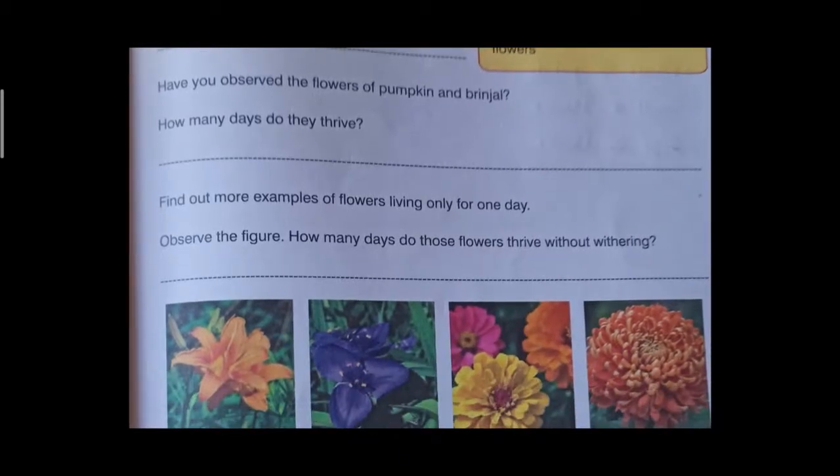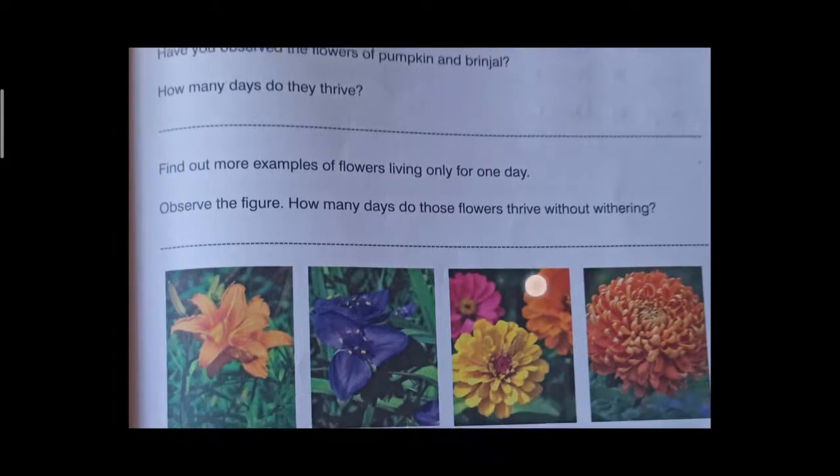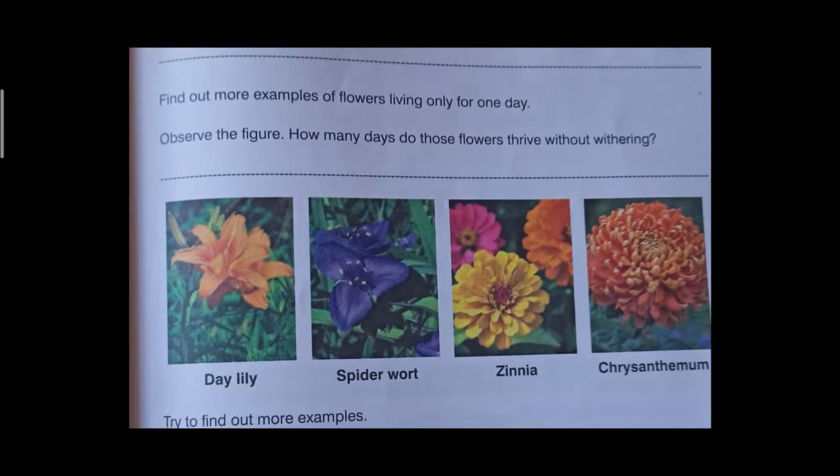Find out more examples of flowers living only for one day. Some flowers will be there for only one day. Just mention the flower. We can discuss in the live class. Observe the figure. Very attractive flowers are there. How many days do those flowers thrive without withering?